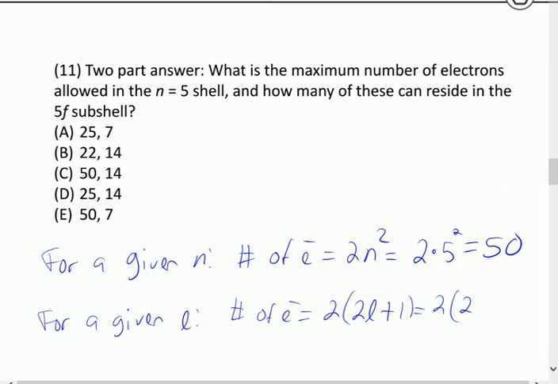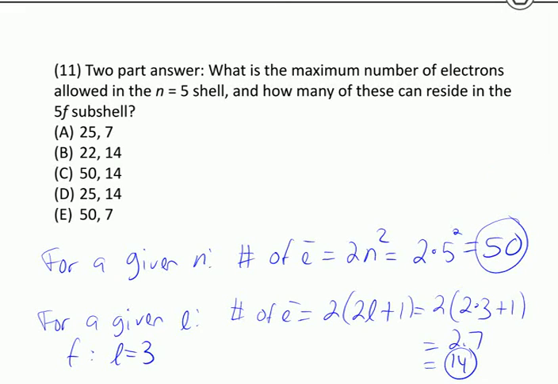So we have to figure out the value of L. We're in an F subshell, so that corresponds to L equals 3, as we saw before. Okay, so we have an L equals 3 subshell. 2 times 3 is 6, plus 1 is 7, so then we double that. So 14 of those 50 electrons go into the 5F subshell. The rest would go into other subshells. All right, so that means the only answer that works is choice C. All right, so that's the same relationship we saw before, just times 2 for the number of electrons instead of the number of orbitals. Okay, good.